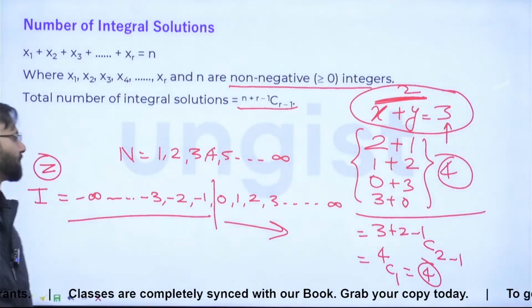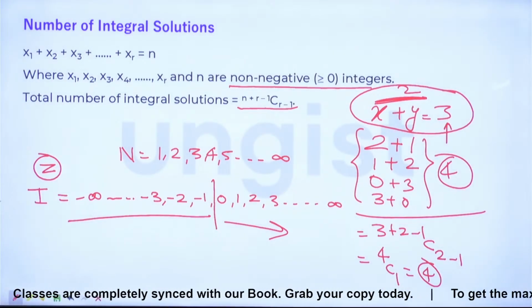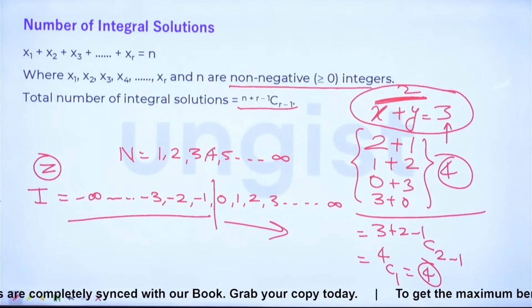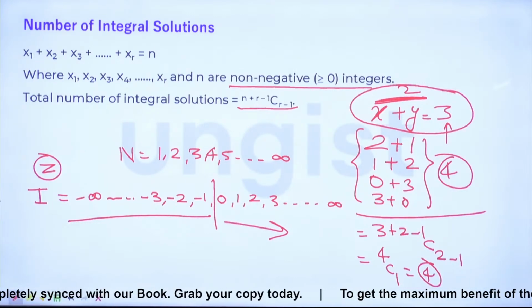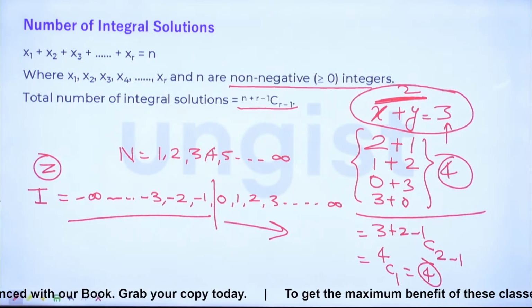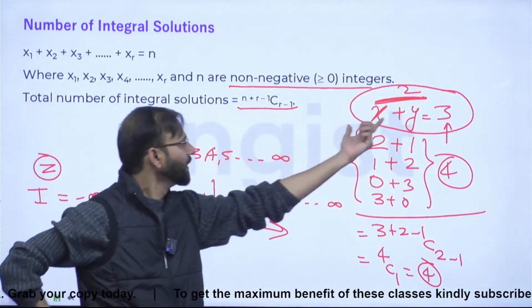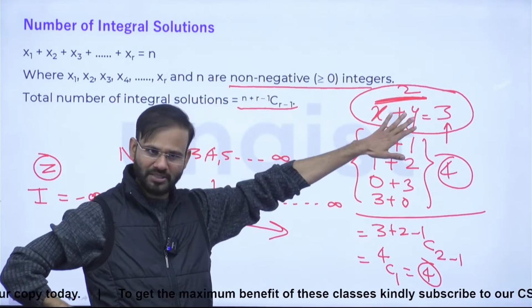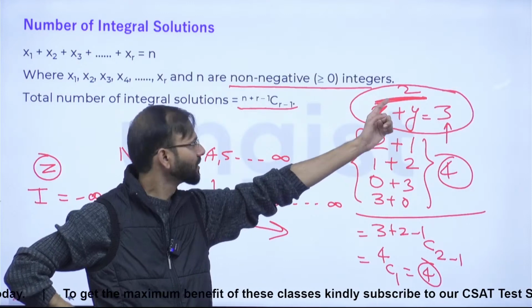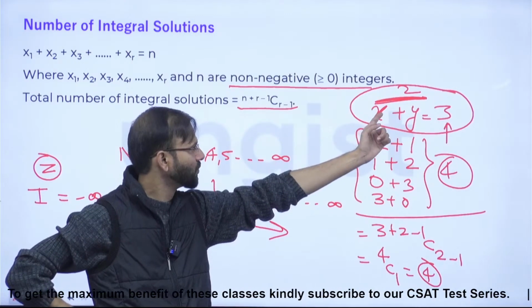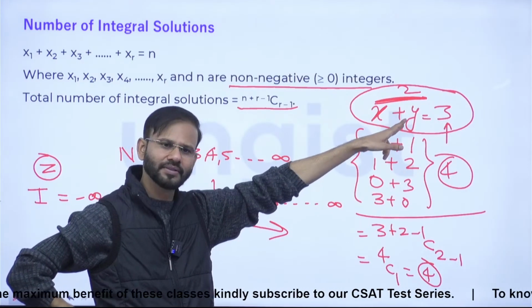Any doubt? No? Clear? See here, in LHS side we have number of variables. So this value will be R. 2 variables are there, right?